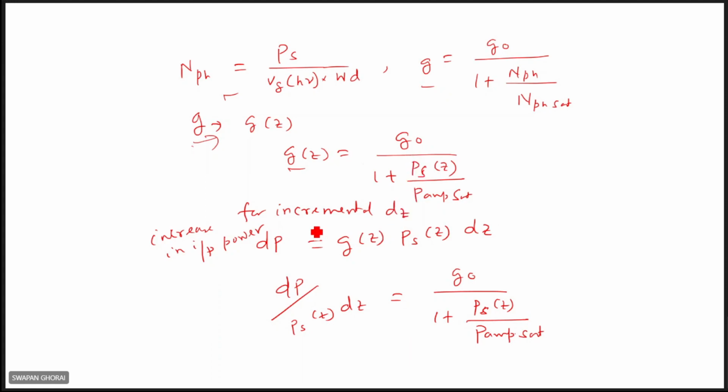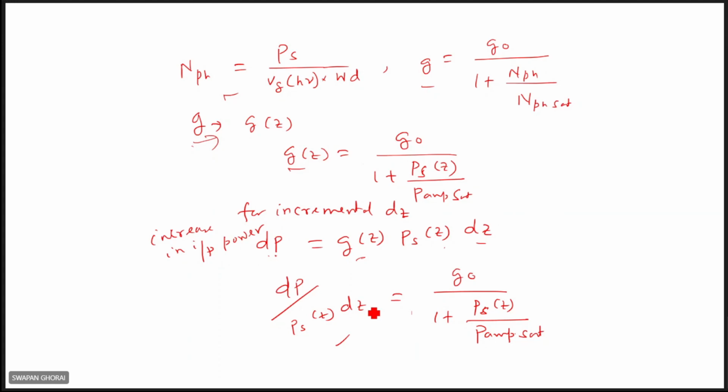For a certain incremental dZ in the semiconductor optical amplifier, the power will increase. The dP will be G_Z times P_s(Z) times dZ. And if you consider dP by P_s dZ, that will be G_Z. Just rearranging the relations, for a small incremental distance, this is the power.